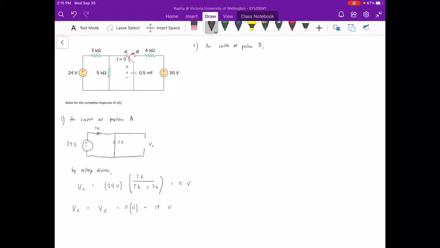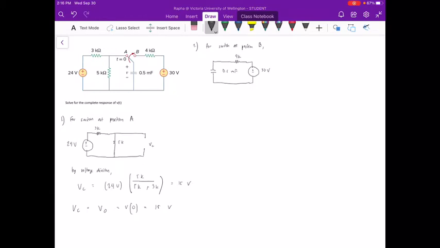We will redraw the circuit once again, because the left side of the switch will not have a bearing on what the circuit is going to look like. So we will redraw this time with the capacitor 0.5 millifarad. Then we have the 4 kilo ohm resistor, then the voltage source, which is equal to 30 volts.